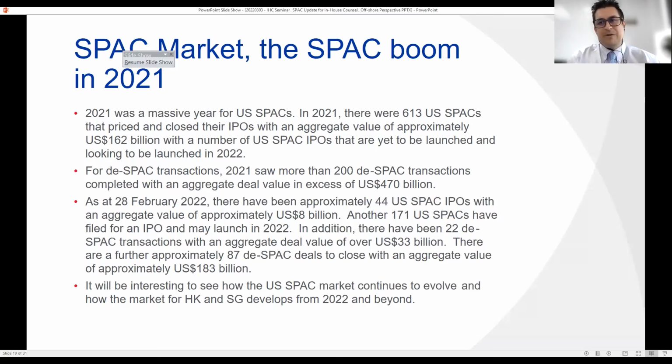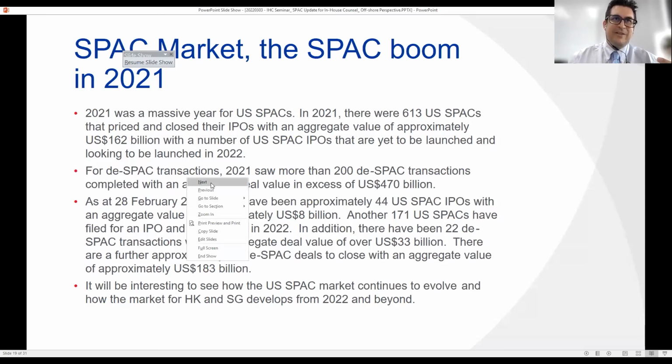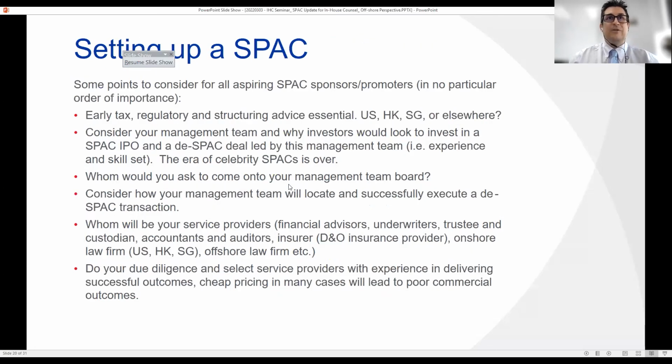In addition, there have been 22 de-SPAC deals thus far this year that have closed with an aggregate deal value of 33 billion. This is very interesting, and of course the fact that there are so many US SPACs out there looking for de-SPAC targets has meant that a number of them have come to Asia and are looking for opportunities, and will be competing potentially with Singapore and Hong Kong listed SPACs once they are launched.